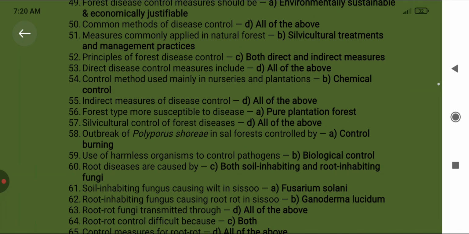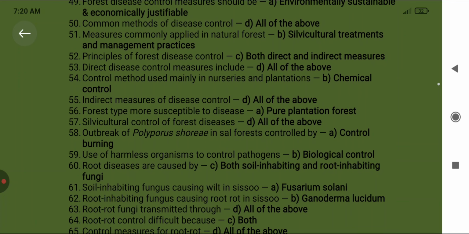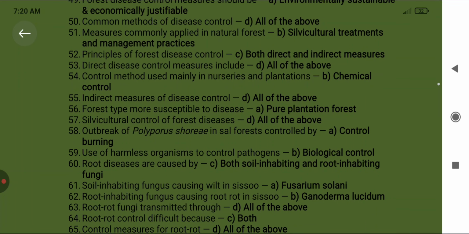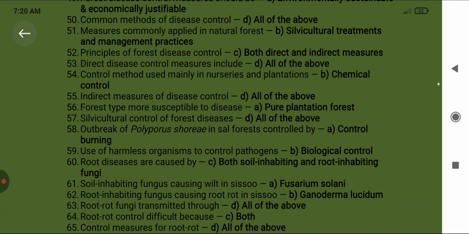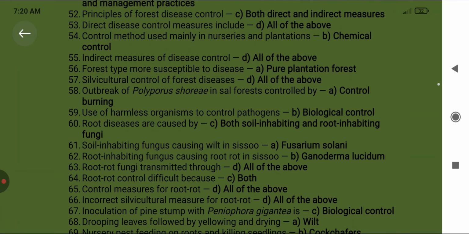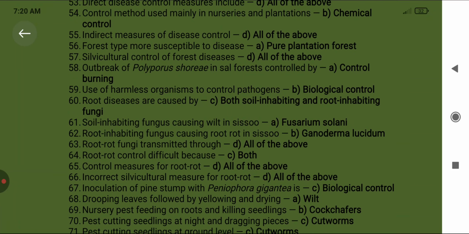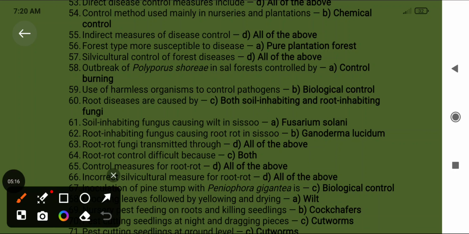Measures commonly applied in national forests are silvicultural treatment and managed practice. Principles of forest disease control are both direct and indirect. Control methods used mainly in nursery and plantation are chemical control, an indirect measure of disease control.